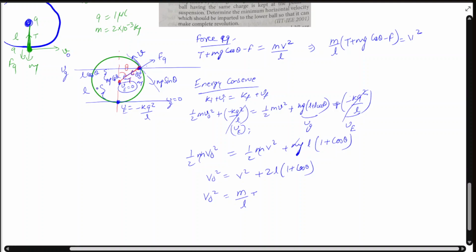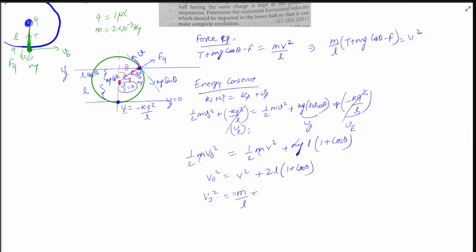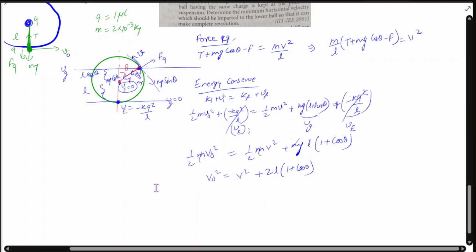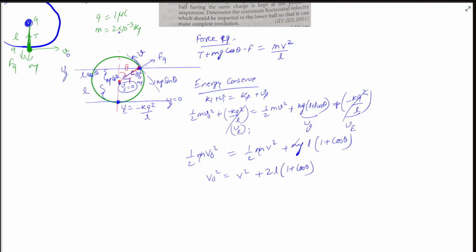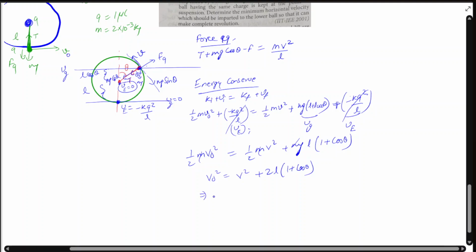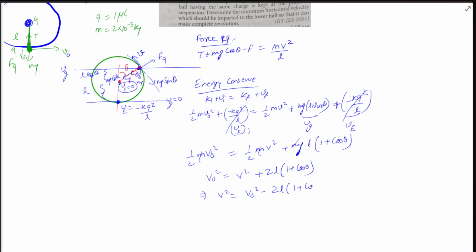So what we can do is put v square here, which will be more comfortable. Let's find v square from here. So v square will be v naught square minus 2gL(1 plus cos theta). Now let's put this formula.